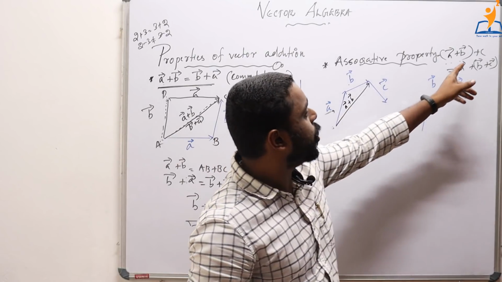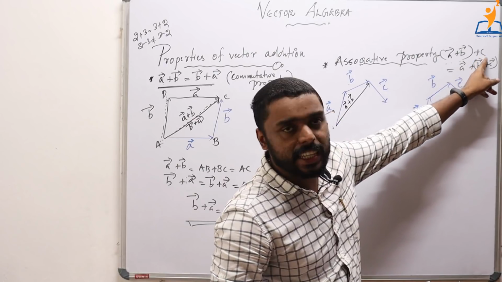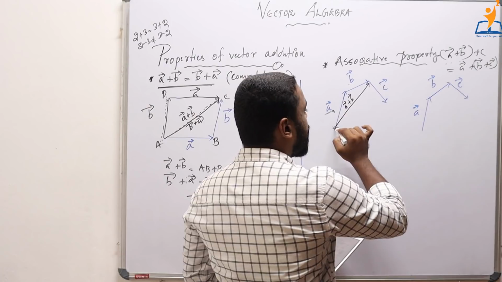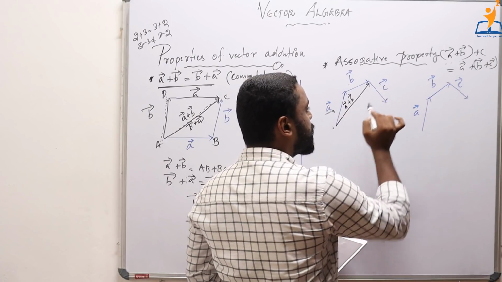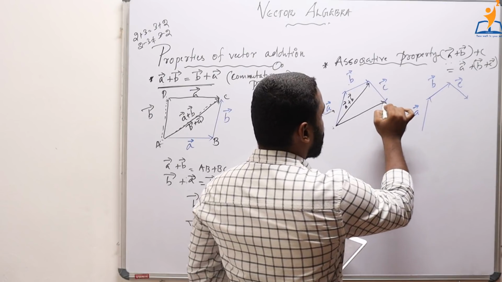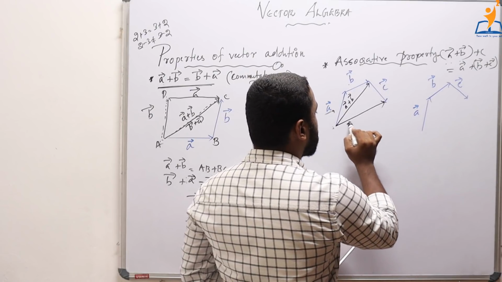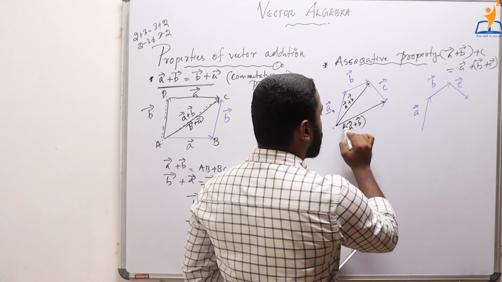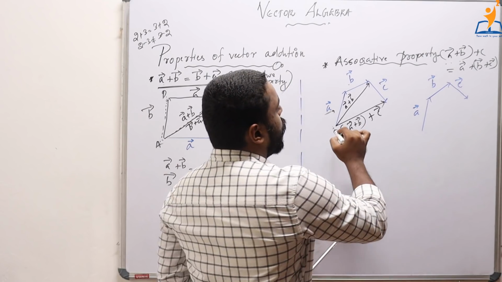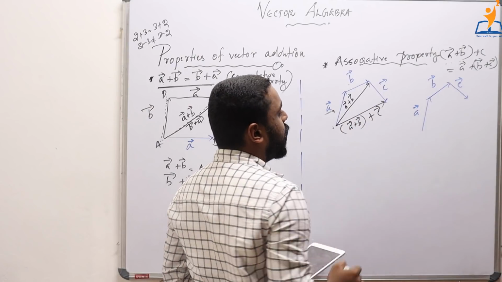Then by the associative property we have to add C, so vector A plus vector B plus C. See, consider this side and this side as the two sides of a triangle. Then the resultant vector will be this, which is vector A plus vector B, already done here, plus vector C. See, we got this as the resultant vector.